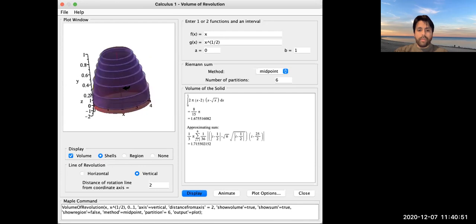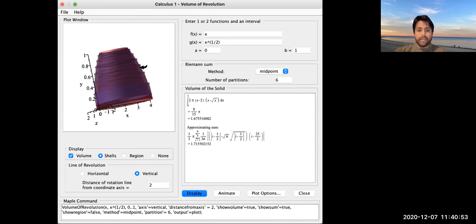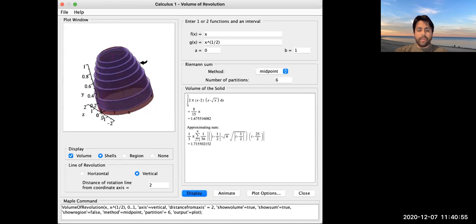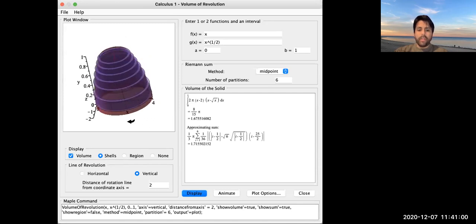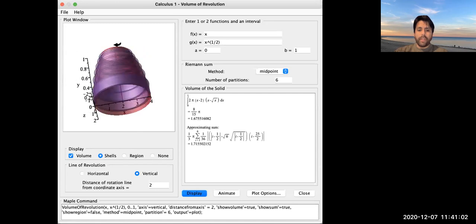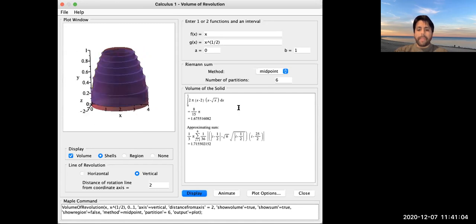Pretty cool, right? Well, that's what they use, shells. Well, we use the same thing, washers, but it's a little different. The shell method is a little different in terms of the setup. And we get the same thing. We get 8 pi over 15. So we're good.